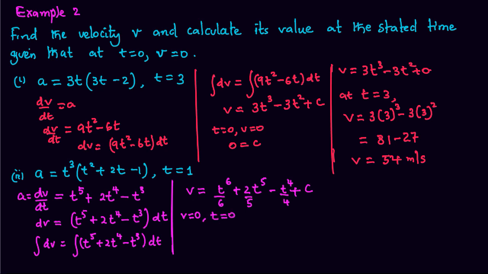Therefore, c is equal to 0. Our equation therefore remains v is equal to t raised to power 6 over 6 plus 2 over 5 t raised to power 5 minus t raised to power 4 over 4.